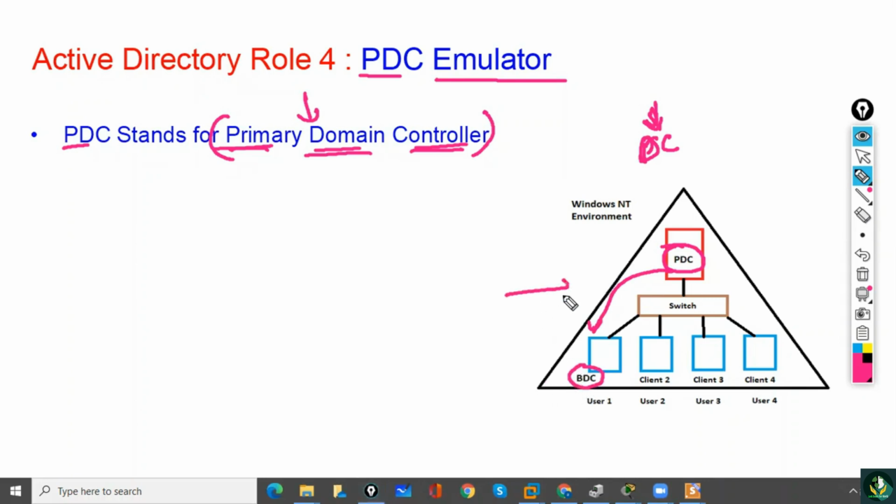We used to use these terminologies for the domain controller and additional domain controller. Nowadays we say domain controller and additional domain controller, but in the Windows NT environment it was PDC, primary domain controller, and our additional domain controller was backup domain controller.